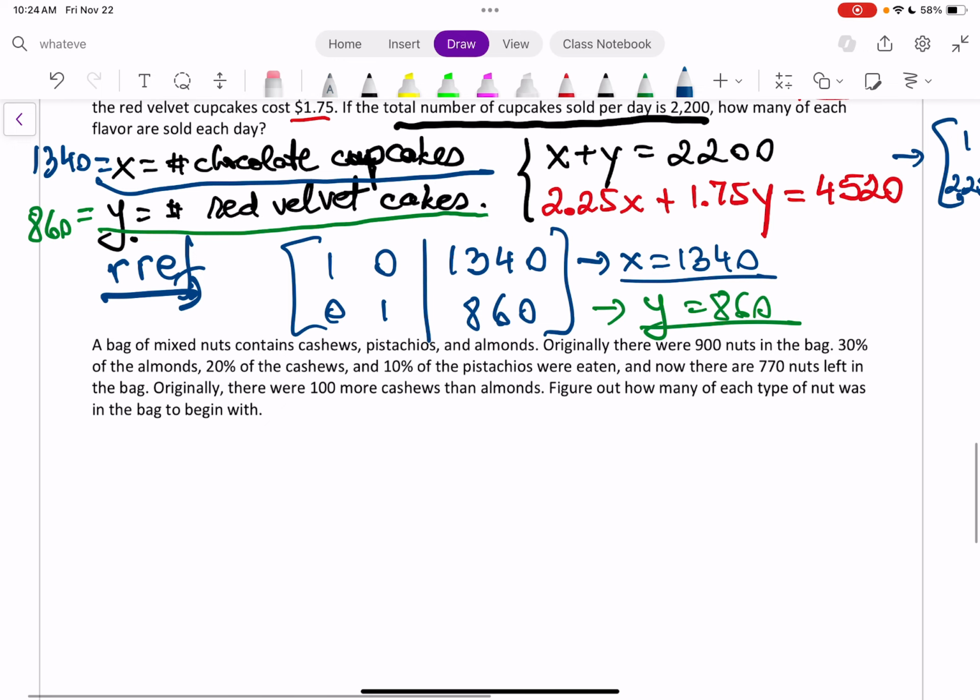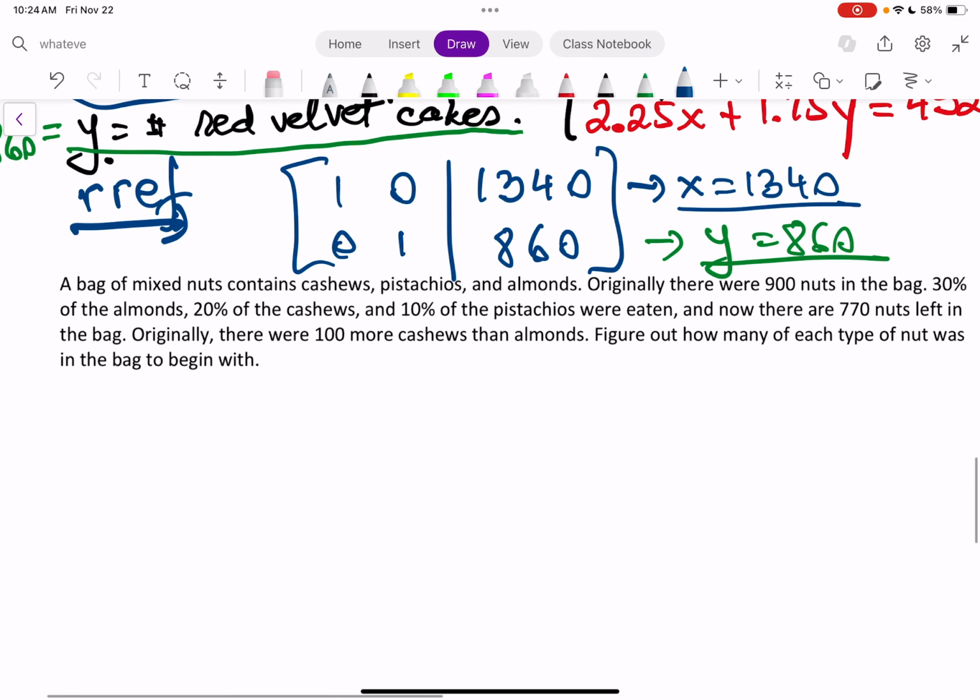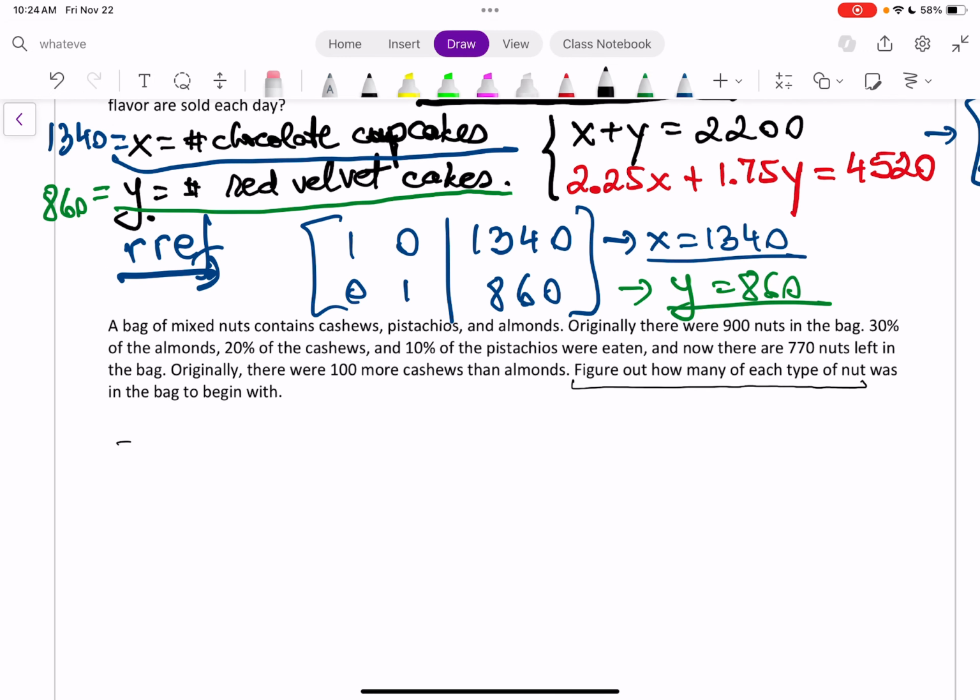All right, let's set one more up. It says a bag of mixed nuts contains cashews, pistachios, and almonds. So I'm going to go back to the question because I want to start writing equations. It says how many of each type of nuts.